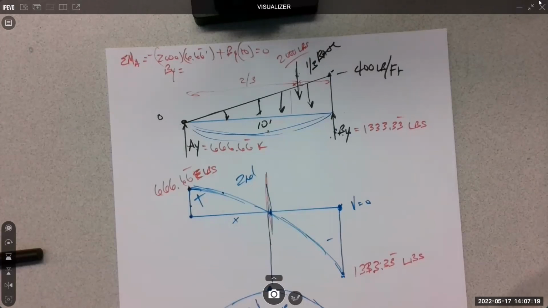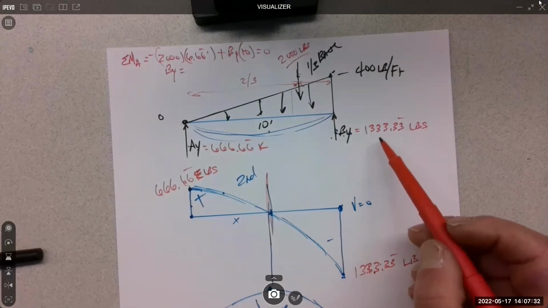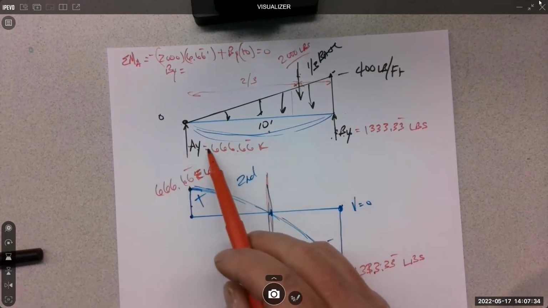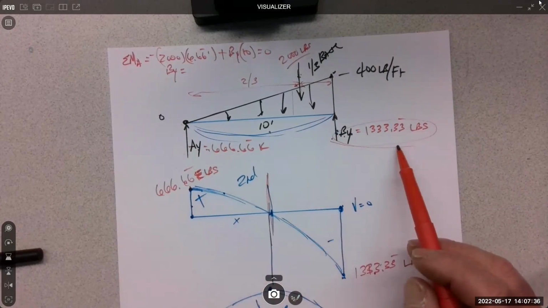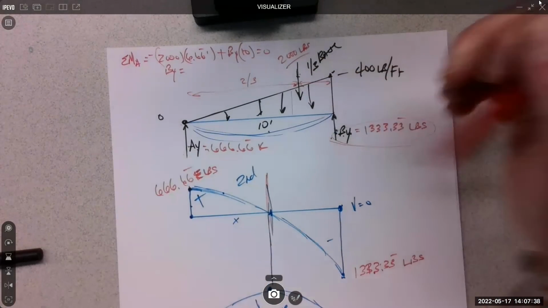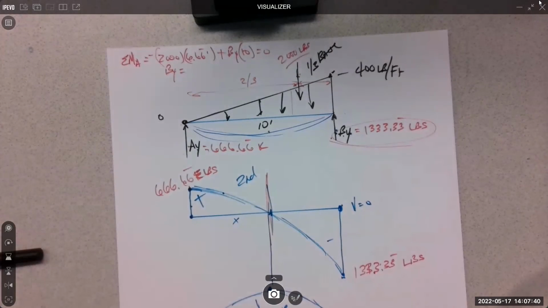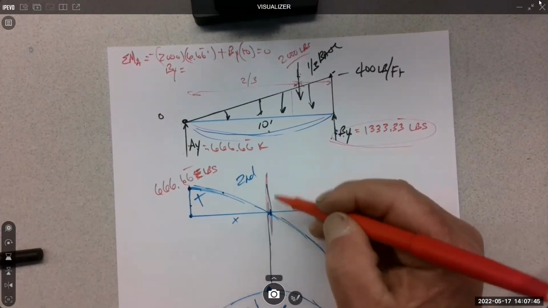So I drew it graphically not correct. But it would have to be where that centroid is. You can also just say, okay, well, if I have 666 going up and 1333 going up over here, 2,000 coming down, where does all that balance out? Where would the moment be equal to 0, right? And that'll give you that location.